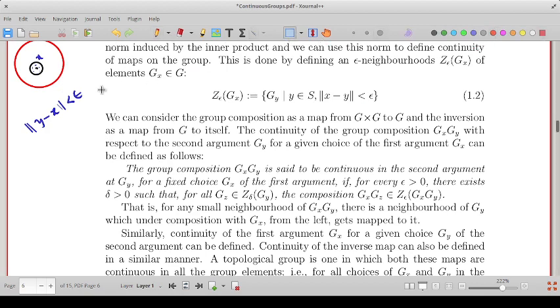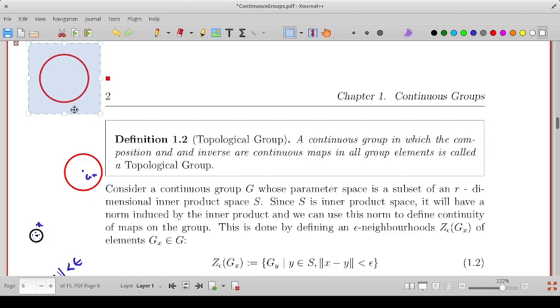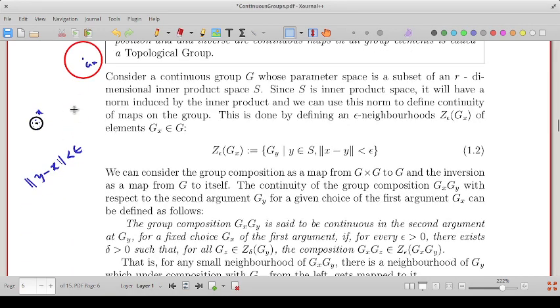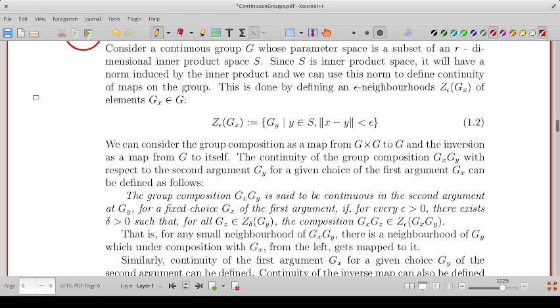So first let me remove this picture. Suppose we have two elements of the group which are gx and gy, and they get mapped to the product gx gy under the composition map.